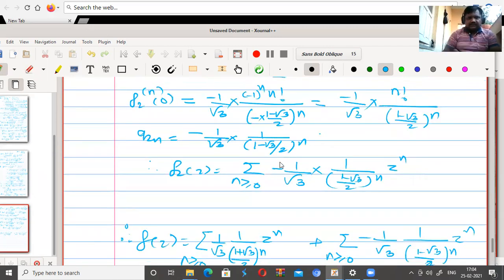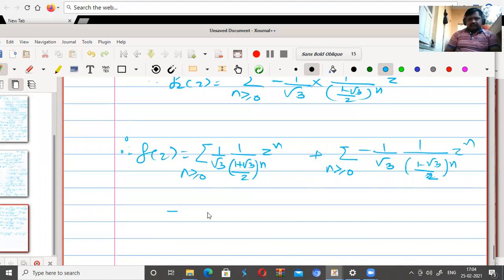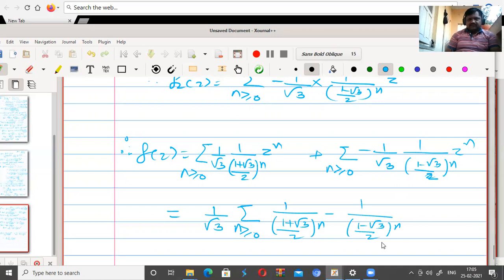And thus, as 1 by root 3 is common, we get 1 by root 3 summation n greater than or equal to 0, 1 upon 1 plus root 3 by 2 to the power n minus 1 upon 1 minus root 3 by 2 to the power n, in bracket, into z raised to n.